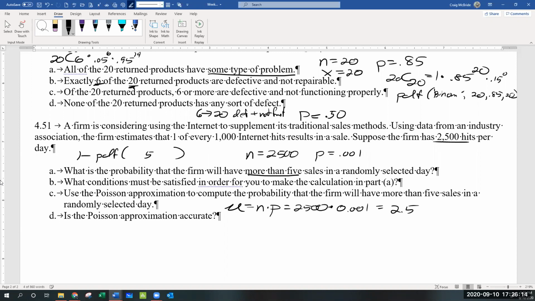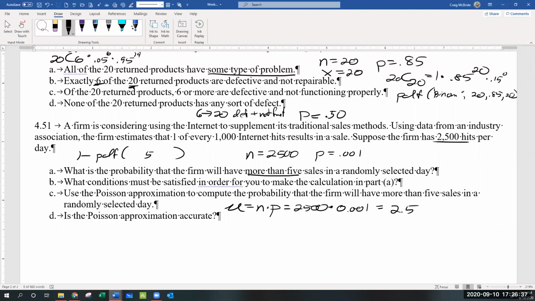So our average is 2.5, which makes sense. If we have 2,500 hits per day and we get 1 sale for every 1,000 hits, then 2,500 divided by 1,000 is 2.5 sales per day. You obviously can't have 2.5 sales; it just means that's your average.